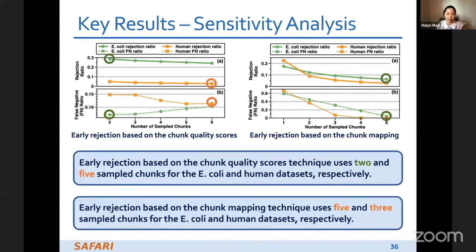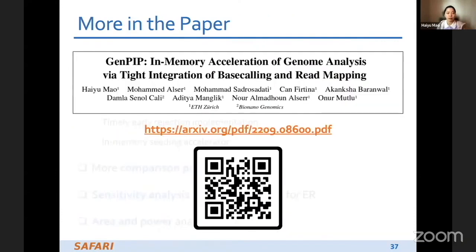So here are some more results. You can check them in the paper. And there are more details in the paper, please feel free to check it. And if you have any questions, you can send an email to me.